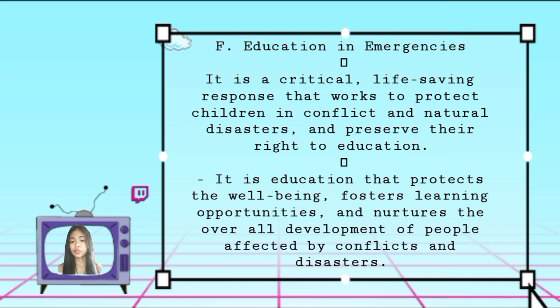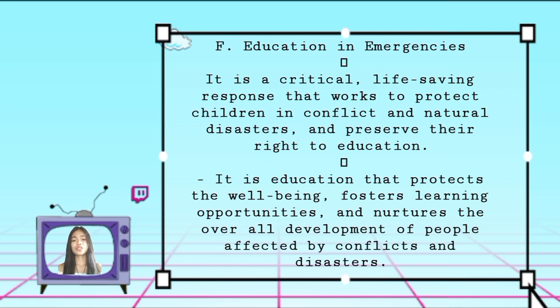Now, education in emergencies refers to the provision of learning opportunities and support to individuals affected by crises such as conflicts, natural disasters, epidemics, or other emergencies. For example, protection and safety.